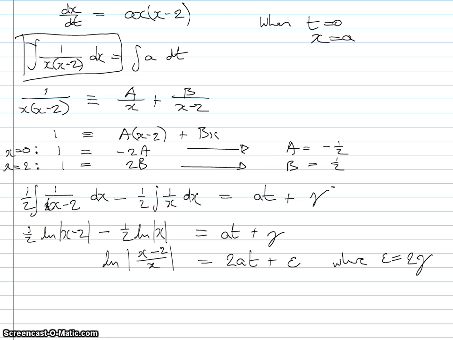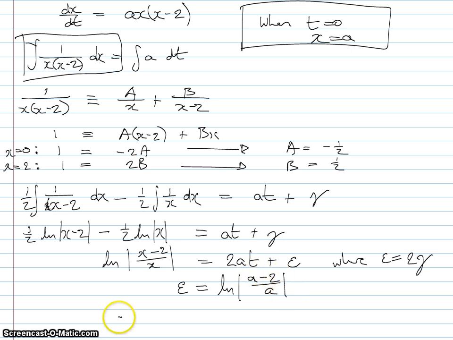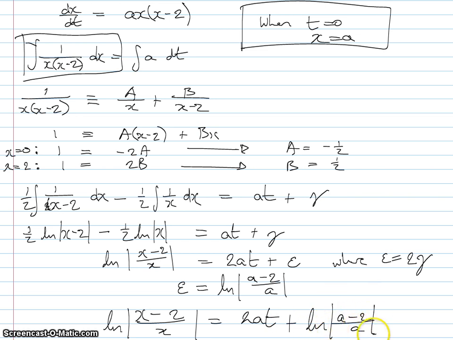I'm almost there. I just need to use this initial value, when t equals 0, x equals a. So my value of epsilon is going to be, this disappears, x replaced by a, ln((a - 2)/a). So my final expression will be ln((x - 2)/x) is equal to 2at plus ln((a - 2)/a). That is my expression relating a, x, and t, and I am finished.